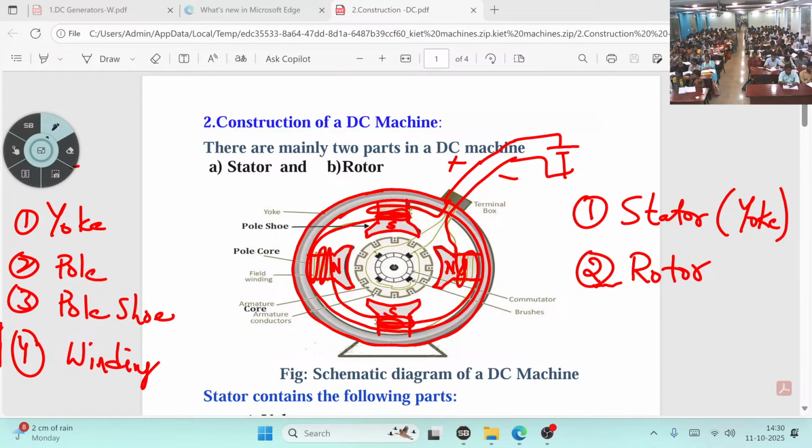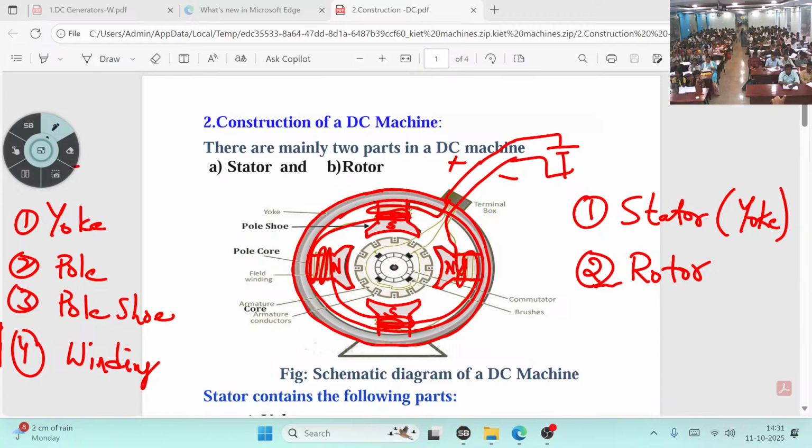So these four are available in the stator. The stator is nothing but the stationary part. The stationary part of the DC generator is the stator. One is the yoke, second is the pole, third is the pole shoe, fourth is the winding.